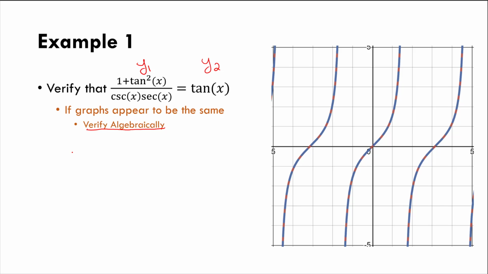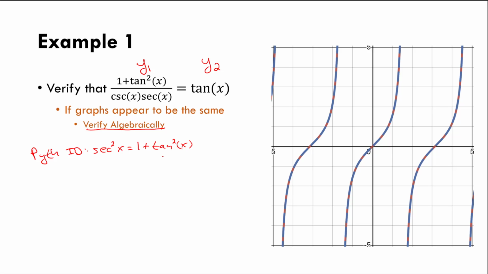Let's go ahead and do that for this one quickly. I'm going to use my Pythagorean identity to say that secant squared x is equal to 1 plus tangent squared x.